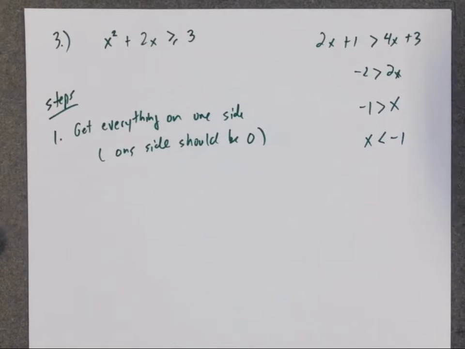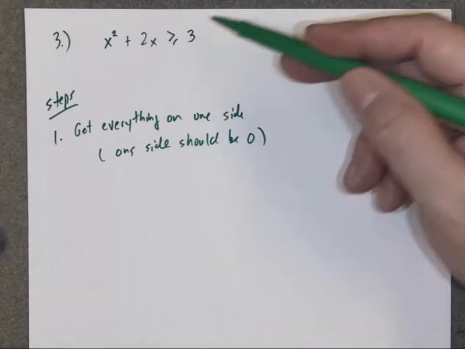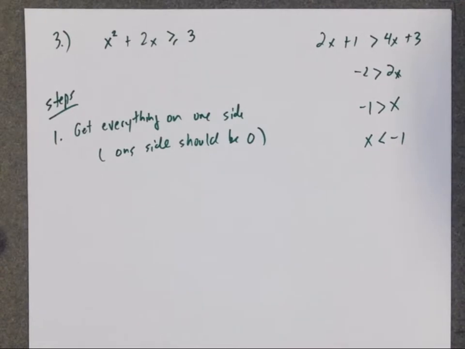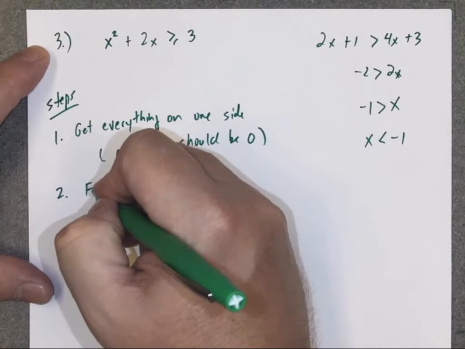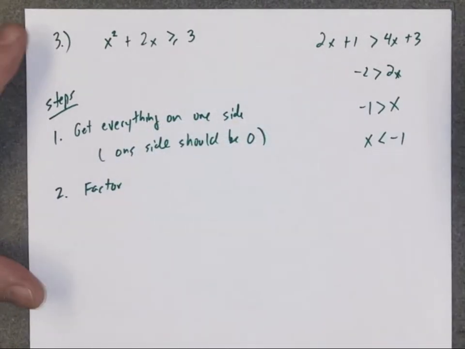I'm going to subtract 3 from both sides. The only way we can solve these kinds of problems is to have one side equal to 0. Then you look at the expression you have, and you have to factor it. If the expression doesn't factor, then we're going to be sort of stuck, and we can't really solve it, at least in an easy way. So it's going to have to factor.